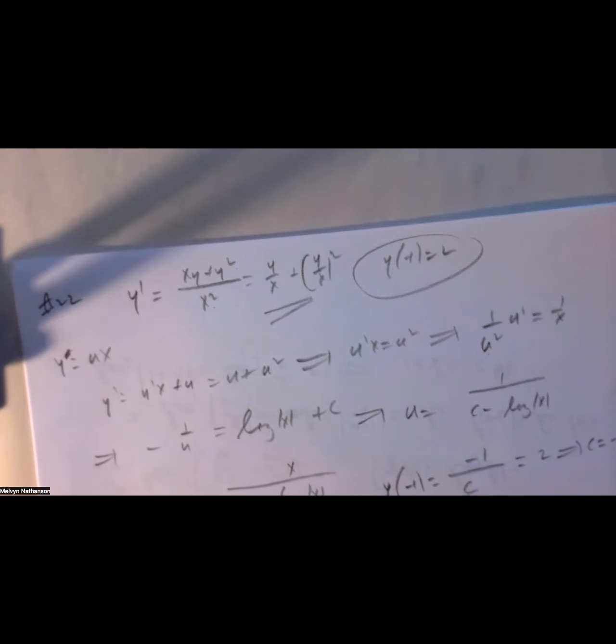Which means y is equal to x over -1/2 minus log x, or I can write this as minus 2x over 1 plus 2 log x. So in this, if I let x equal -1, I get 2, and this is a solution of the differential equation.